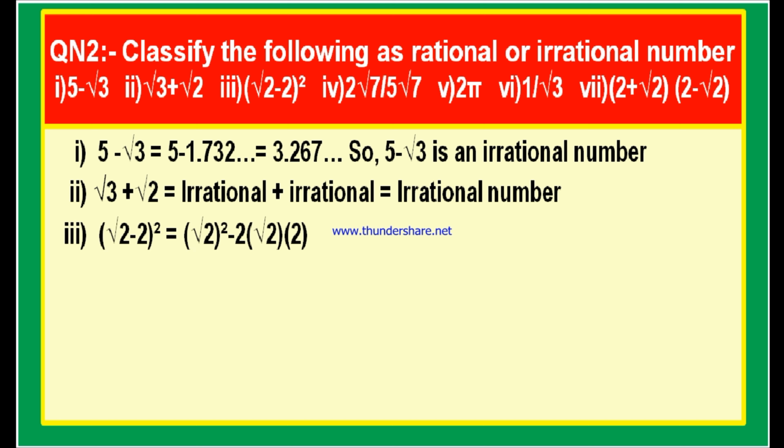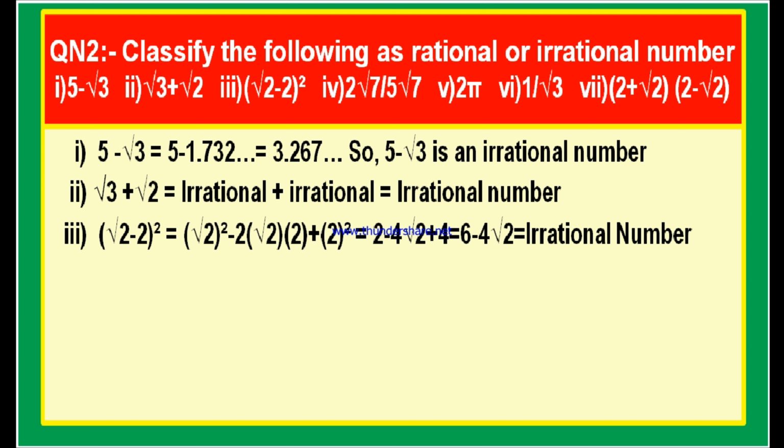Third bit, (√2 minus 2) whole square. This is in the form of (a minus b) whole square.